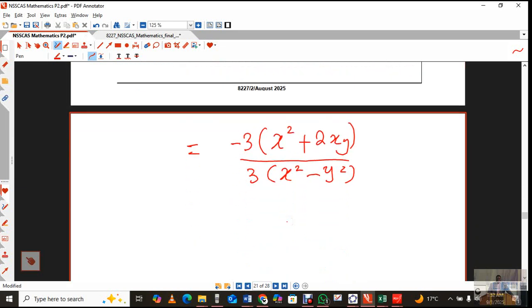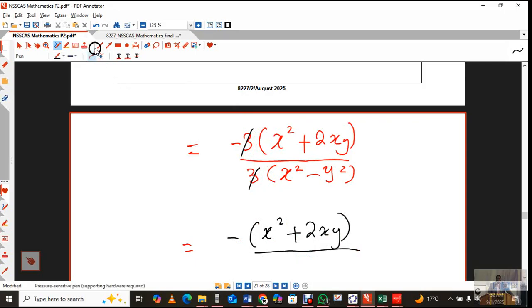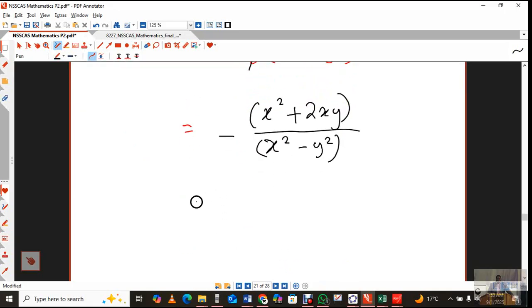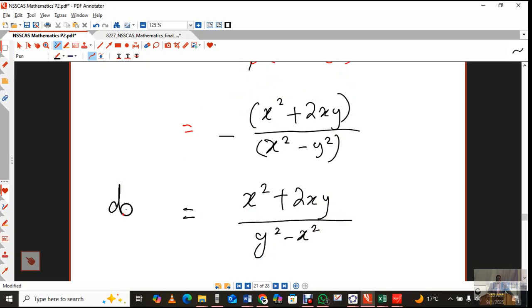Right, so the 3's cancel, leaving you with negative, x squared plus 2xy all over, in fact, we can just write that negative here next to the bar, and then you have x squared minus y squared. Now when we get rid of a negative, where we have a minus in between terms, we just swap them around. So x squared plus 2xy all over y squared minus x squared. That is dy dx.